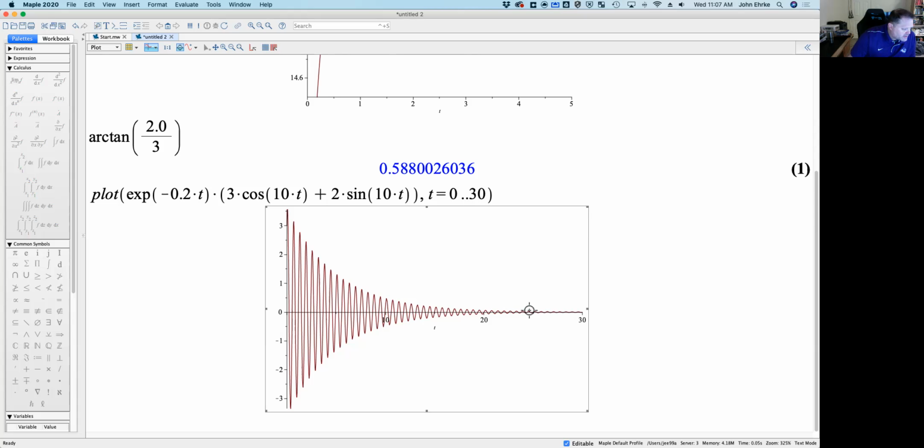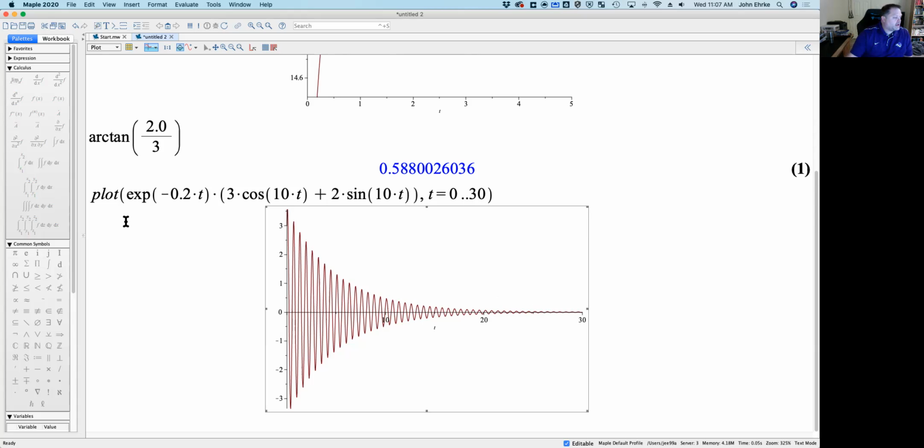So there's the 25-second mark and there's number 40. So there are approximately 40 oscillations that occur before this thing's energy has sufficiently damped out to the point where it's essentially zero. There's very little energy, very little amplitude that's left in the curve at this point.